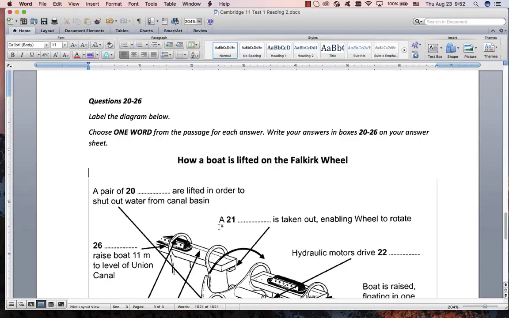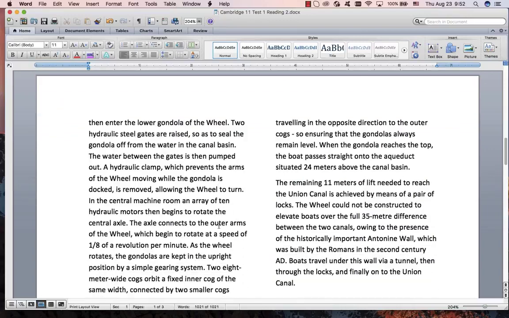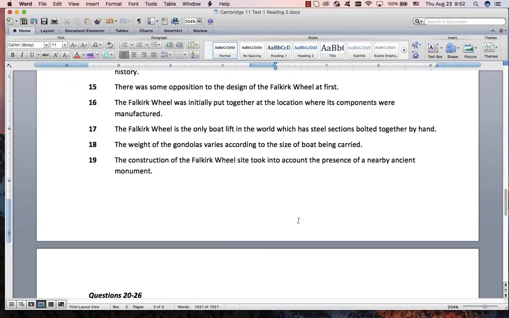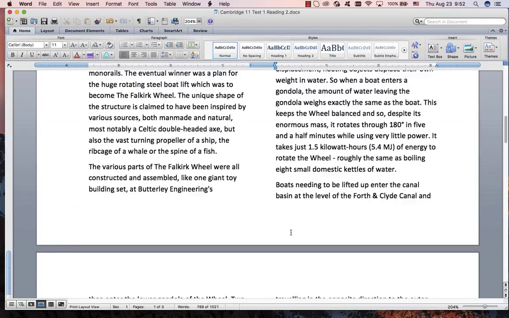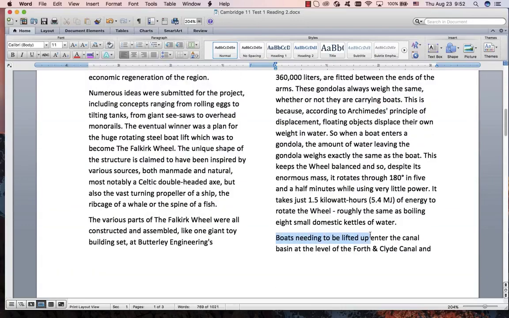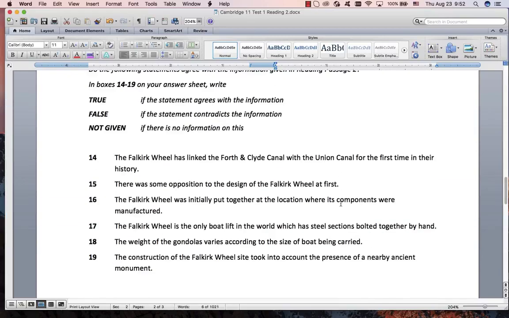It's the second half of the question, so probably it's going to be somewhere over here. So look at the beginnings of the paragraphs and see what you can see. We're looking for how a boat is lifted on the Falkirk wheel, and quite quickly you should be able to see that the boats needing to be lifted up is how a boat is lifted. But let's just make sure.